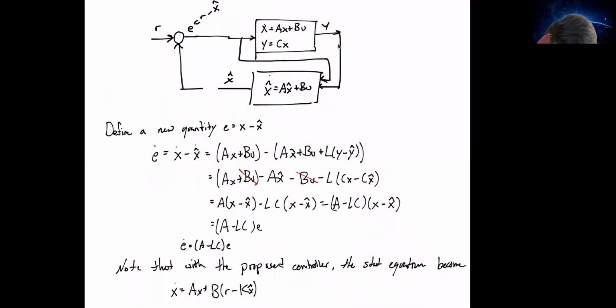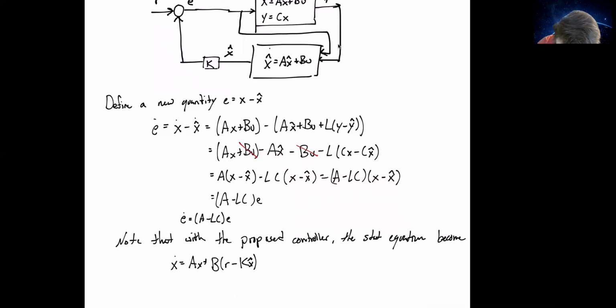Yeah, so there should be a K up here. Let me change this really fast. So this will go through there, and then we have our K multiplied by our x̂ for this example. Okay, so we fixed that.